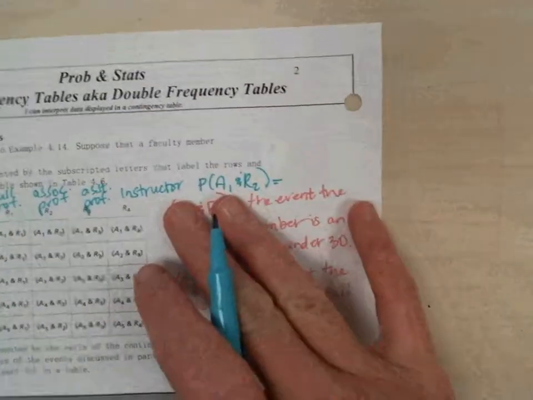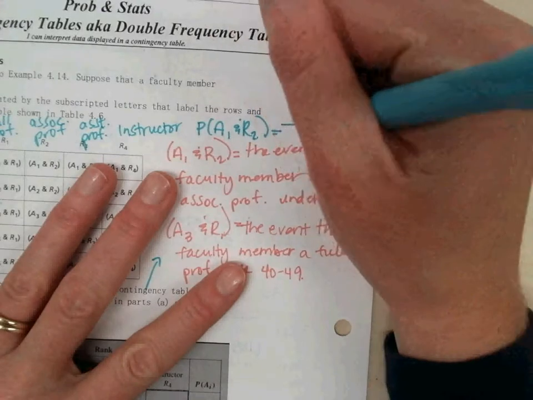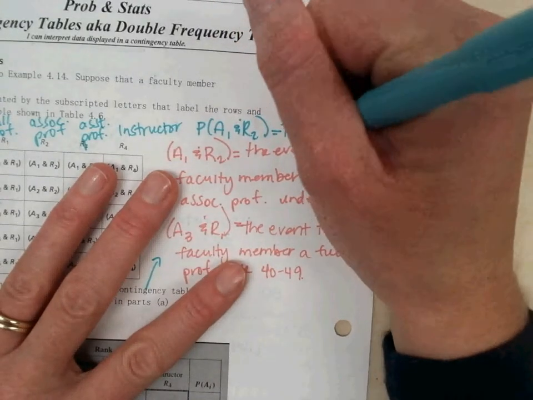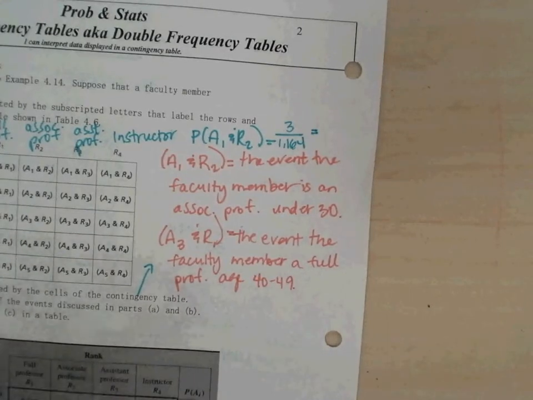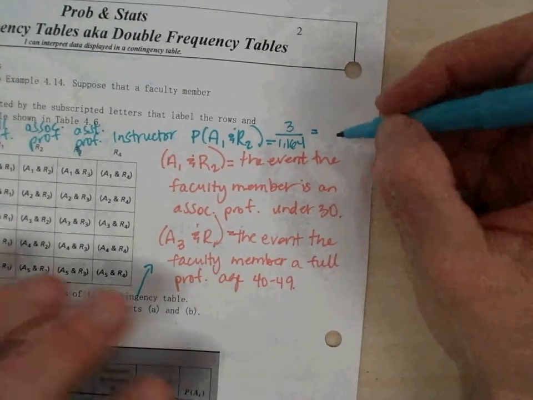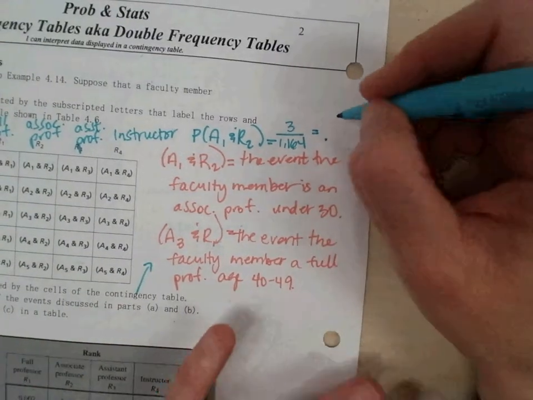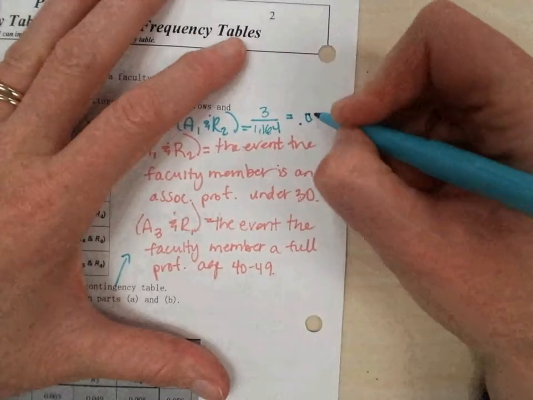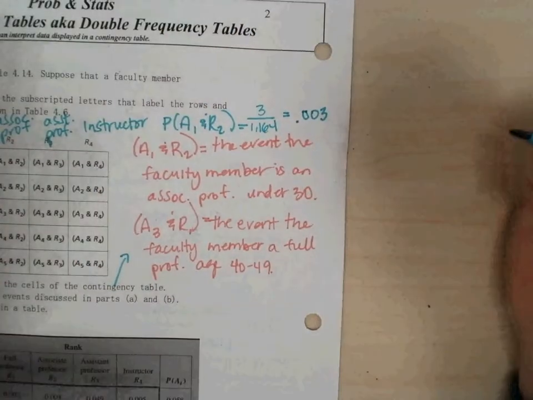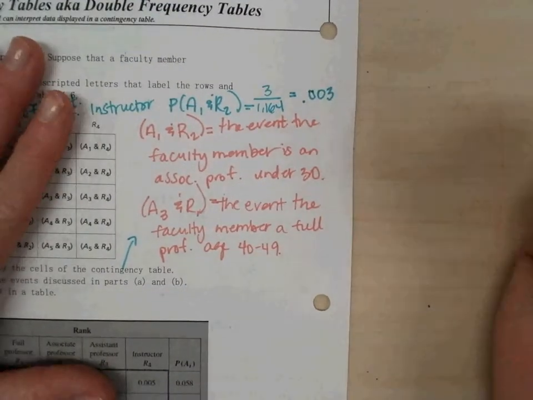That's 3 out of 1,164, which is what decimal? Jacob? 0.003? Good. Thanks. 0.003.